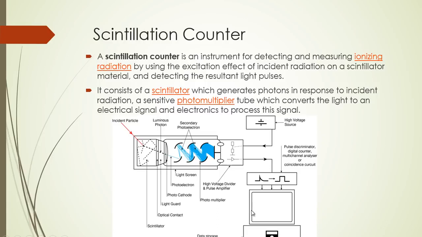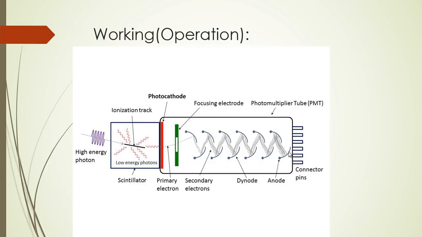And then we have a lot of electronics connected to our scintillation counter to process the signal that we are getting. So without further ado, let's get into the operation of the scintillation counter.